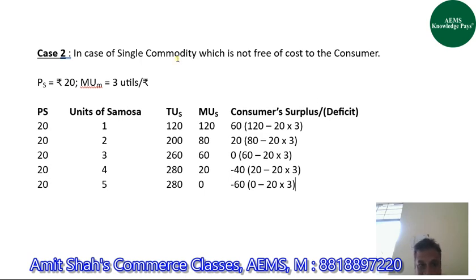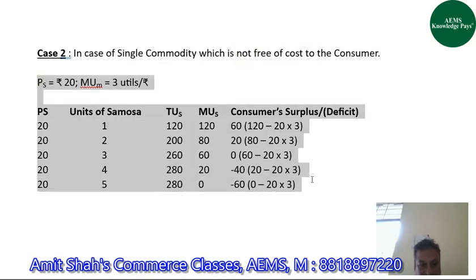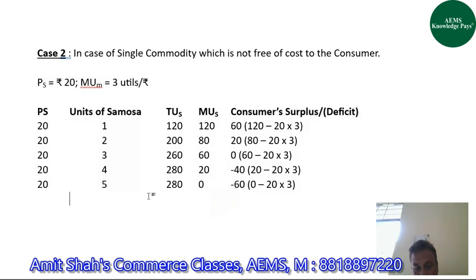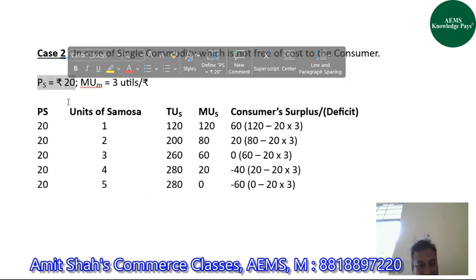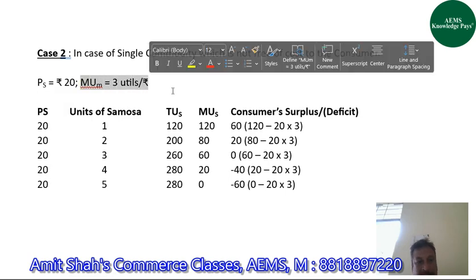Yes, sir. See, what I'm explaining is how to determine a consumer's equilibrium for a single commodity which is not free to the consumer. For that, I have taken here one example of samosa. A consumer is consuming samosas one after another, where the price of each samosa is rupees 20 and consumer's MUM is 3 utils per rupee.